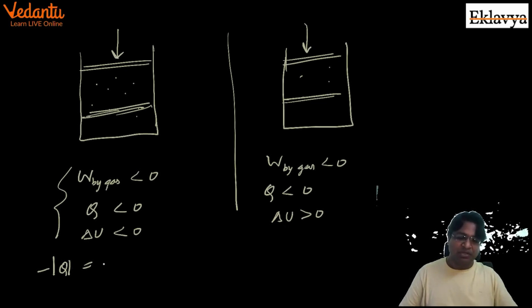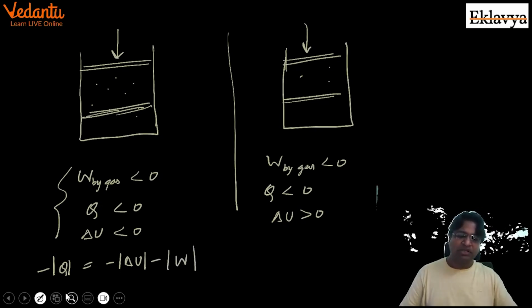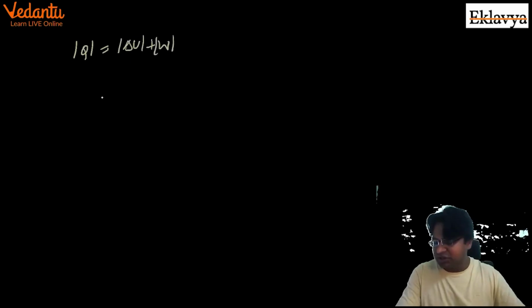So this is equal to minus mod of delta U plus W, which is again minus mod of W. So all things are negative here. So according to this assumption, we are getting mod Q equals mod delta U plus W, and according to the statement given in the question, Q and delta U are equal.